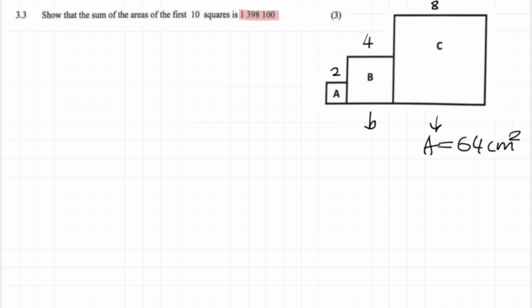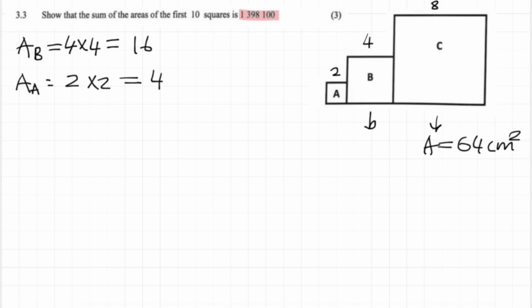The area of B is going to be 4 multiplied by 4, which gives you 16. The area of A is 2 multiplied by 2, which gives you 4. So let's take a look at the pattern that we have here.